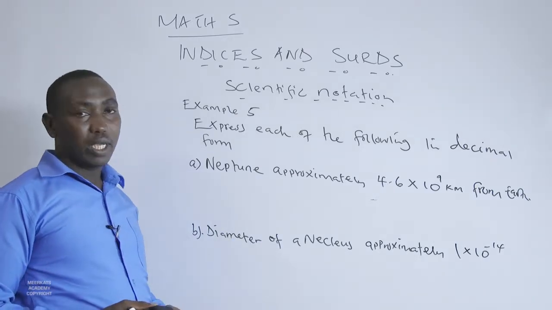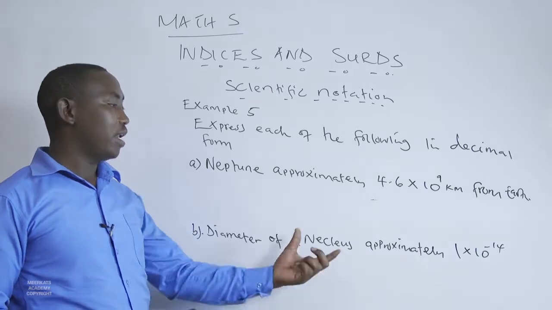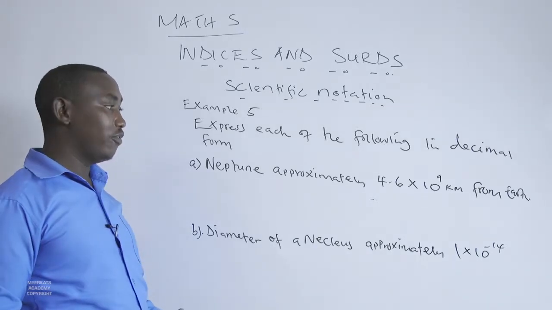So these are two cases again which involve a very large number written in scientific form and a very small number written in scientific form.